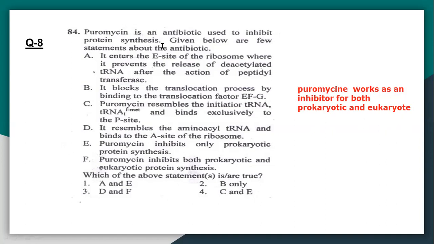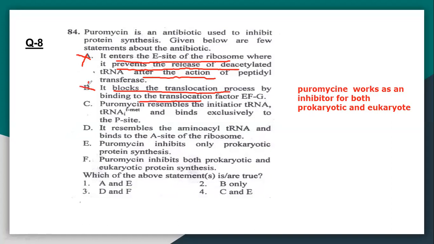So here, option A says that it enters the E site of the ribosome where it prevents the release of deacetylated tRNA. No, this is not correct. It blocks the translocation process by binding the translocation factor EF-G?